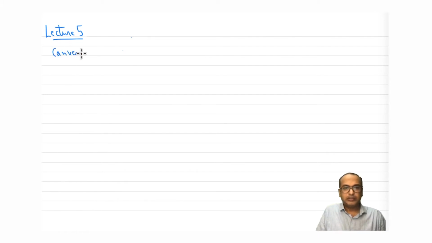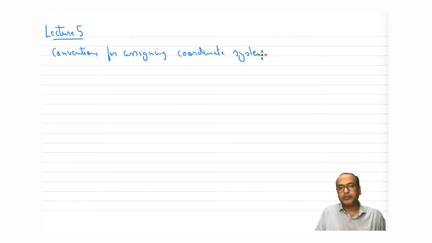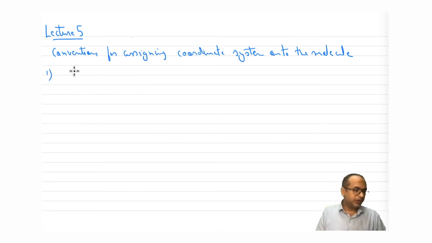Conventions for assigning coordinate system onto the molecule. This was initially covered in lecture 3, but all the rules were not explicitly defined, so that's why I'm doing it again over here.